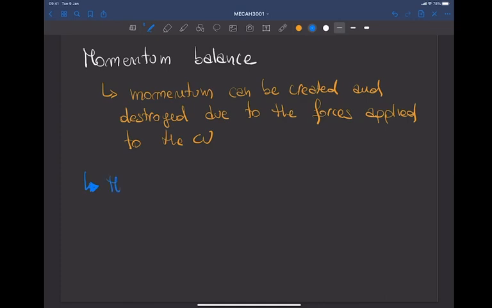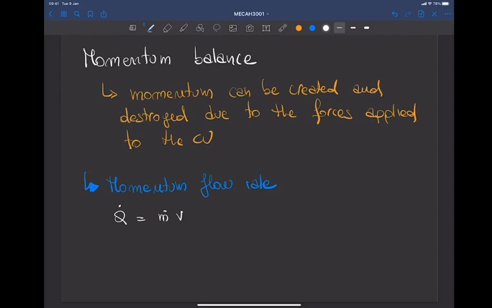So momentum flow rate. Similarly to what we have done for the mass flow rate, the momentum flow rate that we indicate with capital Q with a dot is the product of the mass flow rate times the velocity. As I said before, momentum can be created because of the forces applied to the volume.